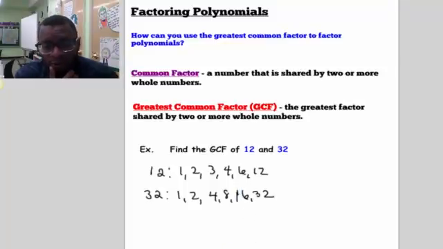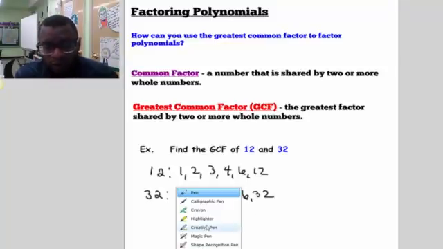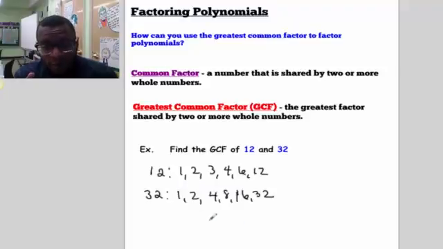Okay, and so in order to find our greatest common factor, we want to look at all the common factors that these two share. So they share 1, and every number is going to share 1. Every pair of numbers or set of numbers is going to share 1 as a common factor. Okay, they share 2, they share 4, and that is it.